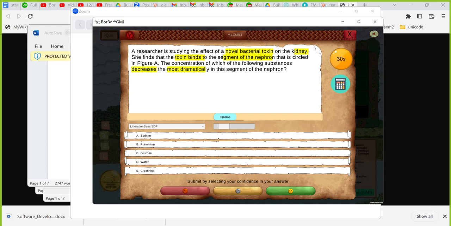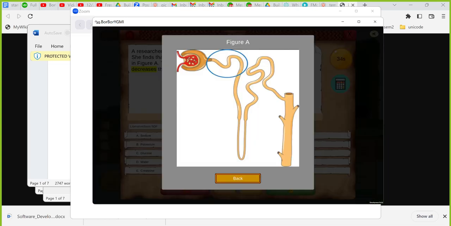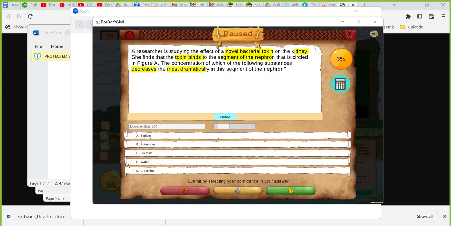So that is the proximal convoluted tubule. Exactly. PCT. Okay, so the concentration of which of the following substances decreases here?